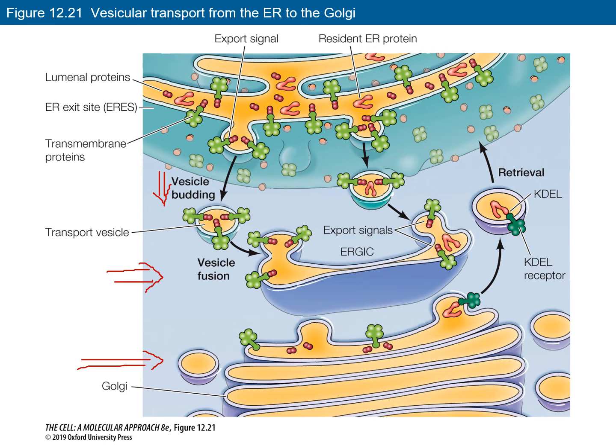So vesicles that bud out from ERES fuse with ERGIC, and ERGIC is a transitionary phase in which the recycling takes place. Anything which is useful for endoplasmic reticulum is cycled back towards endoplasmic reticulum. Otherwise, from ERGIC, they are enclosed in tiny vesicles again, and then those vesicles fuse with Golgi apparatus.